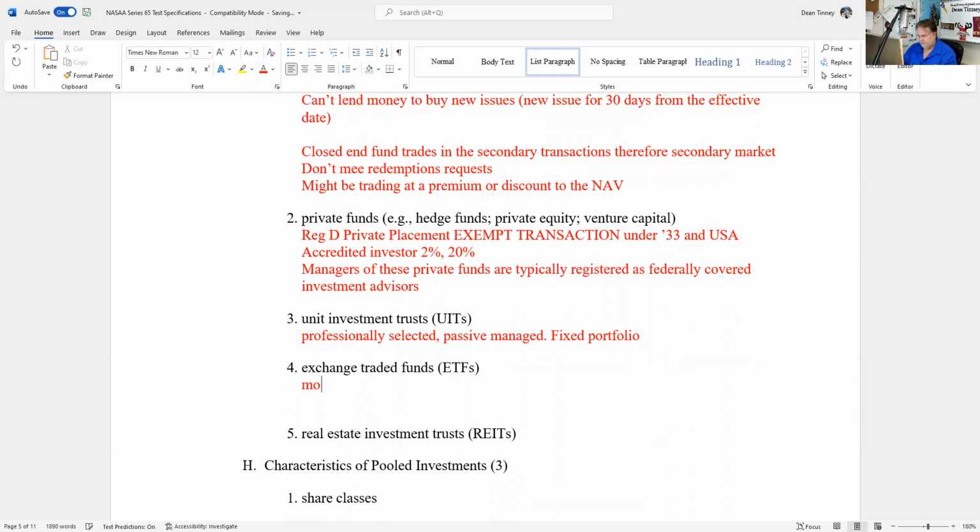More of a trading vehicle as an investment advisor rep than a long-term investment vehicle in your portfolio. So I'm using this more as a trading vehicle. And ETFs trade in the secondary market, supply and demand.